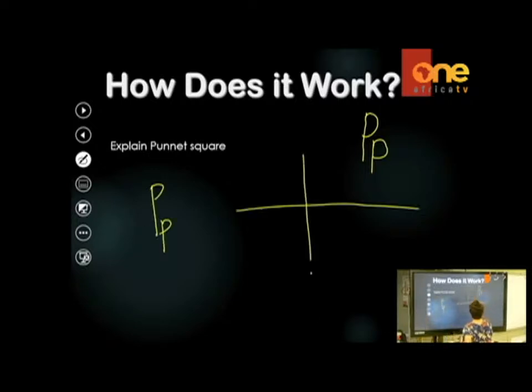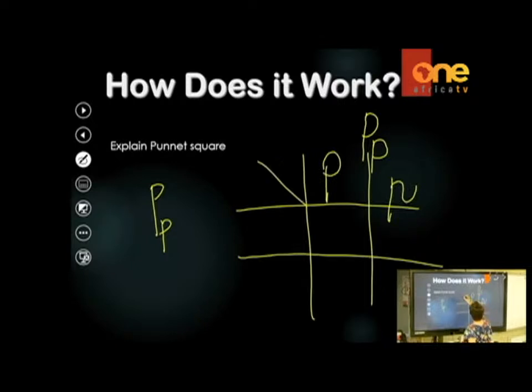I draw my Punnett square, and I knew due to meiosis, it can either be that or that for the father gamete. On the mother's gamete, it can be this or this.